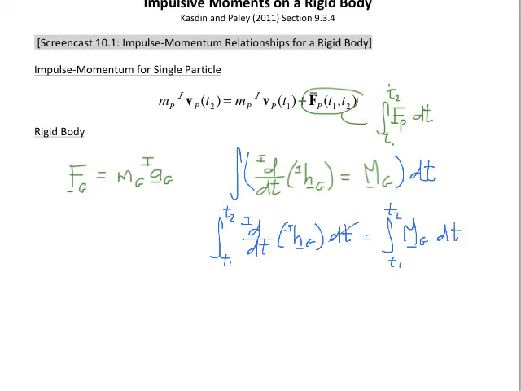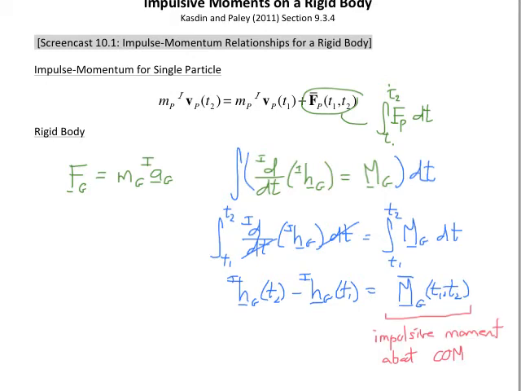And then once again we see that our dt's cancel, and so we get the angular momentum about the center of mass at time 2 minus the angular momentum about the center of mass as observed in the inertial reference frame at time 1 is equal to an impulsive moment. So this is M, the moment about g, but it's an impulsive moment, so we put a hat or bar over top, and this is acting from time 1 to time 2.